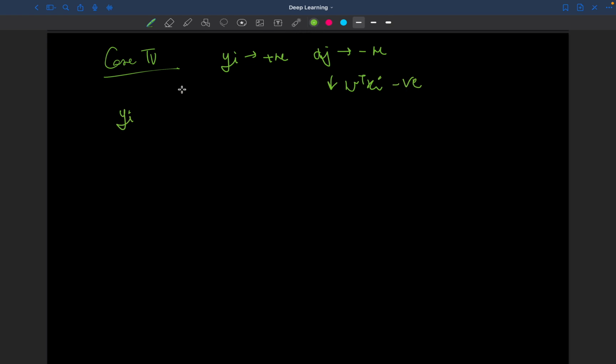The equation becomes yi w transpose xi, that is positive into negative, equal to negative, which is again less than 0. That means it's misclassified.